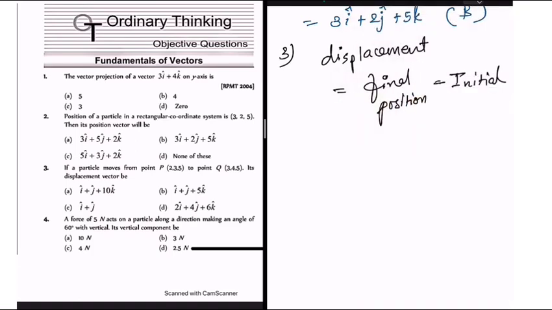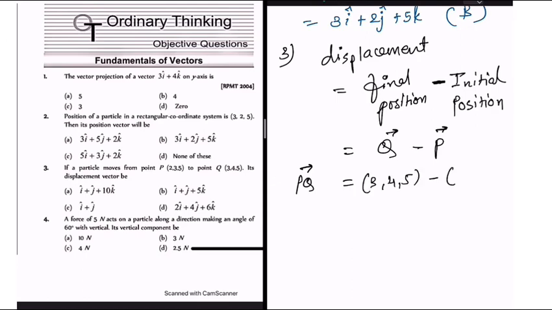Now, final position is vector Q. Initial is P. So displacement PQ is vector Q minus vector P: 3, 4, 5 minus 2, 3, 5.